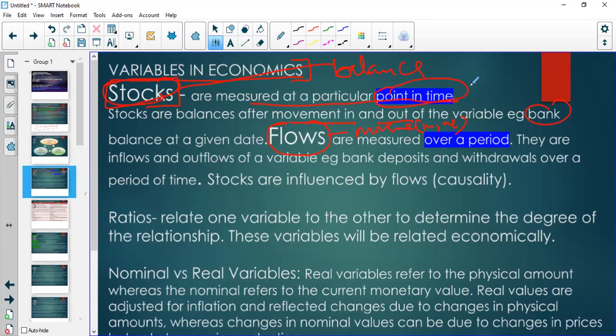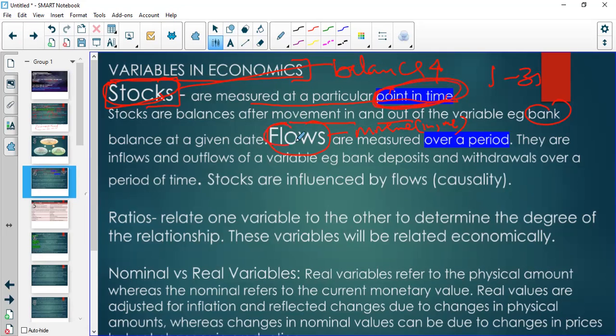For example, you won't say how much is in your bank account from 1 January to 31 December, because it keeps changing daily. There's money in, money out. You can't say over a period of time how much money you had in your account, because the money keeps on coming and going. But you can say at a point in time how much money you have today. That's a point in time, because you need a standing balance.